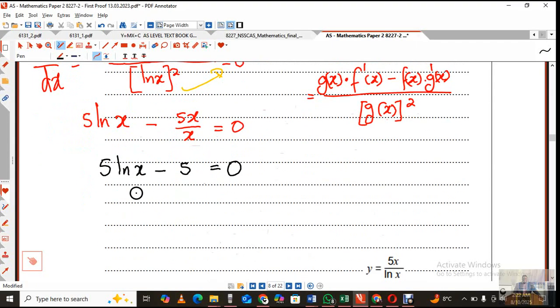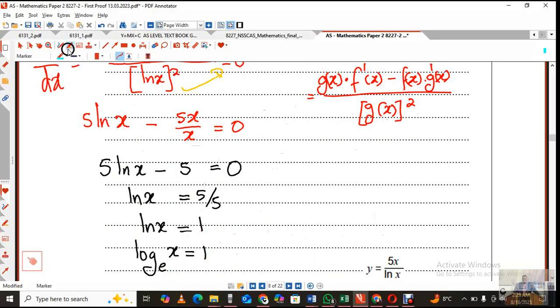Now from here, we can actually find the natural log of x, which will be 5 divided by 5. So what I did here, I added 5, and then I divided throughout by 5. So the natural log of x is equal to 1. So what is the natural log of x? Actually, it's the log base e of x is equal to 1.